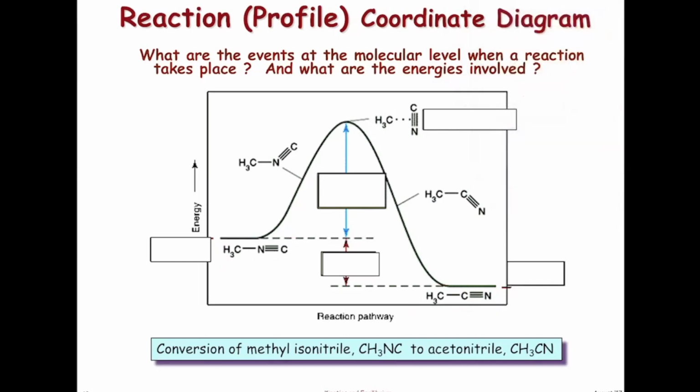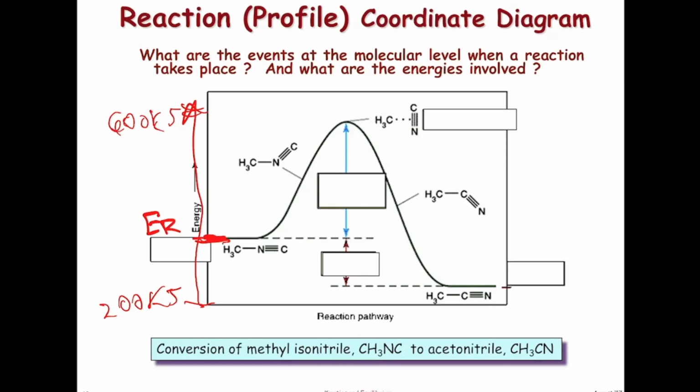This right here is the energy of the reactant. This will be an energy scale, that might be like 200 kilojoules to maybe 600 kilojoules. So wherever this lies on that energy scale is the energy of the reactant.